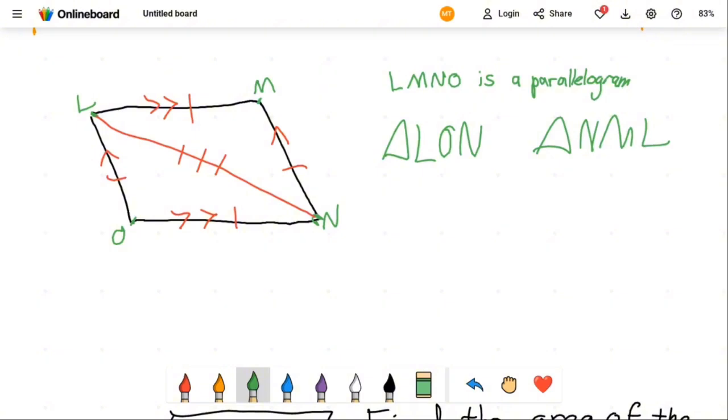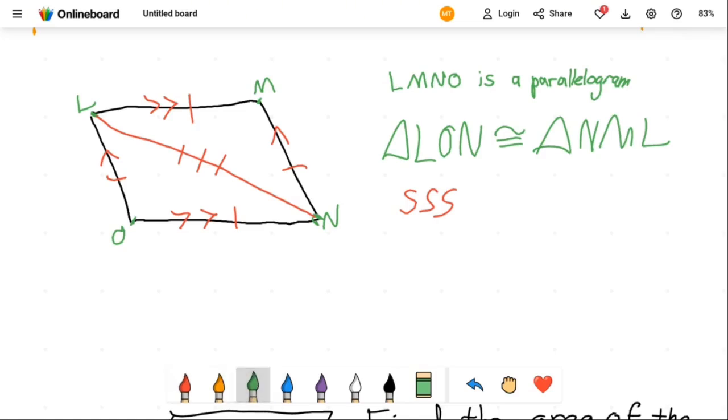And we can prove that these triangles are congruent because three of the sides, this side right here, this side, this side, this side, and this side of both triangles are congruent, which means they're congruent by the side-side-side rule for congruency in triangles, right?